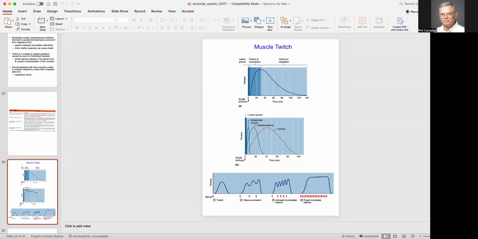We stay in a constant state of contraction. Note this is referred to as an unfused tetanus. This is referred to as fused tetanus because we no longer see these little wavelets of contraction and relaxation, because we're in a constant state of contraction.